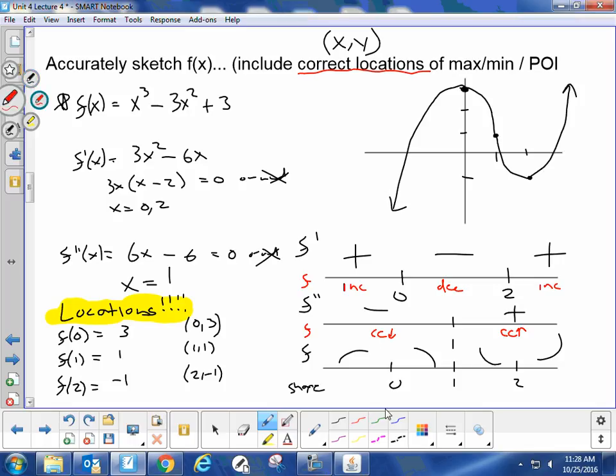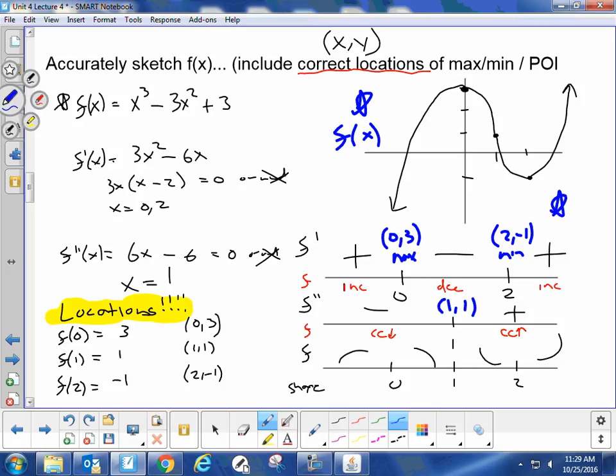Now this is a good graph of f. We know that we have a max at 0, and a min at 2, but we know the specific points: (0, 3), the min at (2, -1). We know we have a point of inflection at 1, but specifically the point of inflection is at (1, 1).